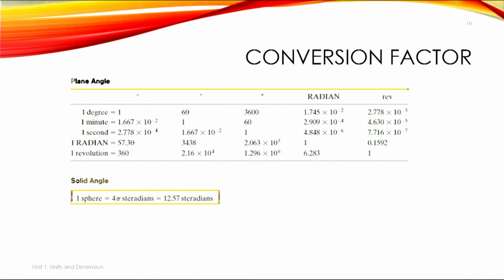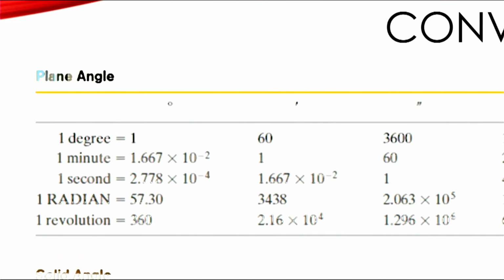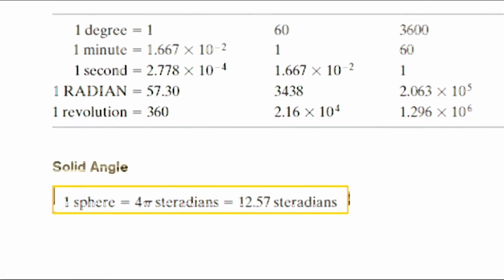Let me zoom so that you can see the table much clearer. And we can at the same time convert 1 degree to minutes and so on. So let's look at the solid angle. One sphere is equivalent to 4 pi steradians, which is equivalent to 12.57 steradians.